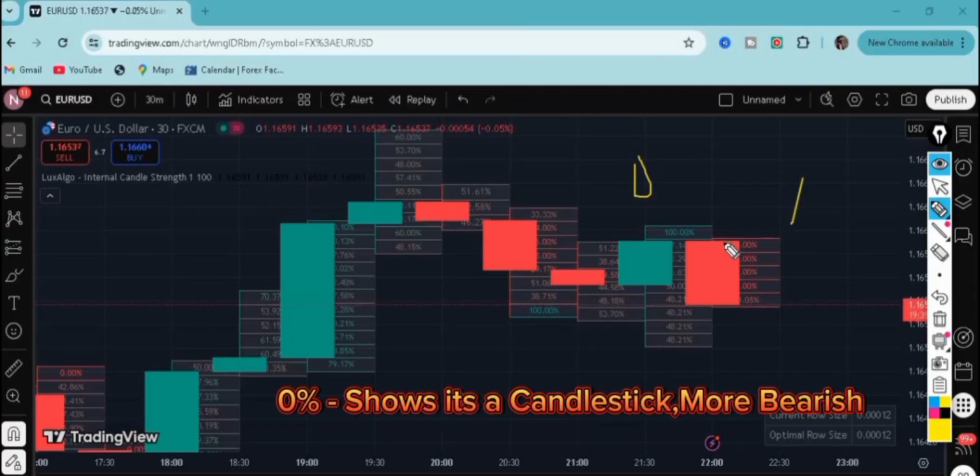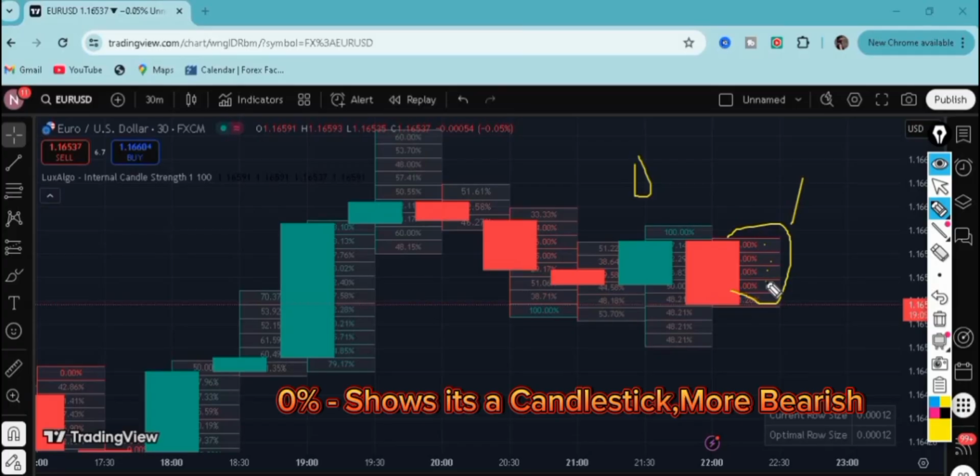So when you see 0%, like what you can see on our live market right here, being consecutive, now happening in 1, 2, 3, 4 rows, it shows that that candlestick pattern is the most bearish.